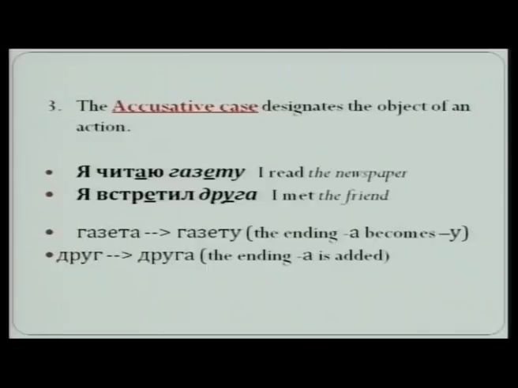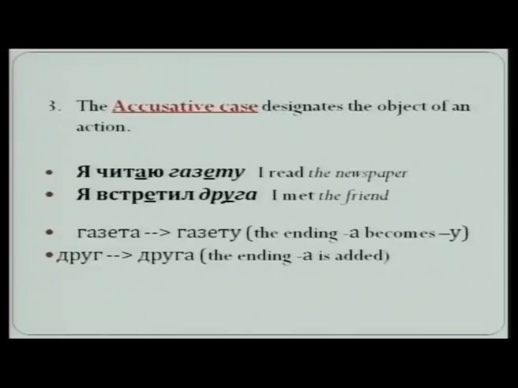Here, as it talks about the designation of the object of an action, in the first sentence, gazeta or the newspaper is used as object of an action. That is why, according to the rule applied in this case, if the noun is of feminine gender, it changes into u, like gazeta changes into gazetu.